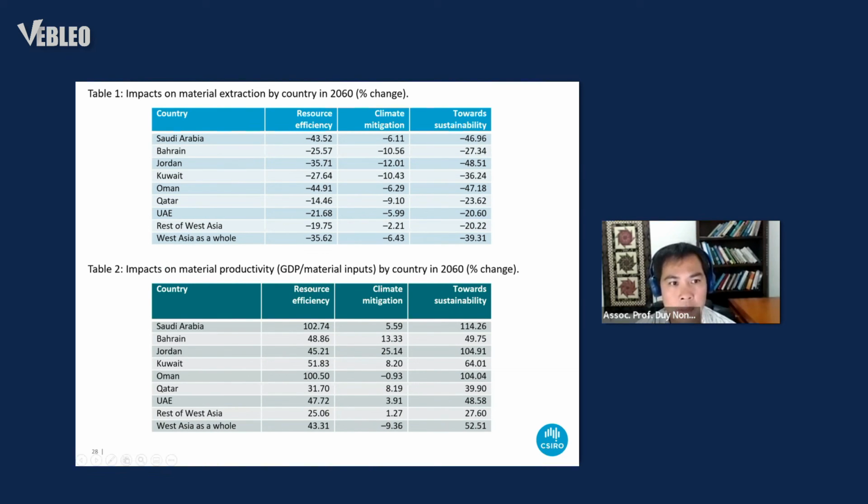And Jordan also reduced the material demand by 36%. And the same thing is happening for material productivity by country in 2060. In Saudi Arabia it is significantly improved in the resource efficiency scenario, like double the productivity, and also for Oman.